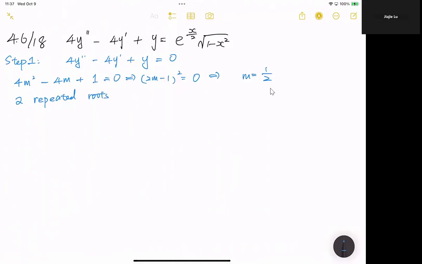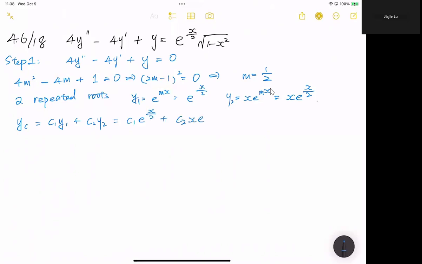If you have two repeated roots, then your y1 should equal e raised to the power mx, which is e^(x/2). Then your y2 should be x e^(mx), which is x e^(x/2) here. Then your complementary solution is nothing but c1y1 plus c2y2. It's c1 e^(x/2) plus c2 x e^(x/2).